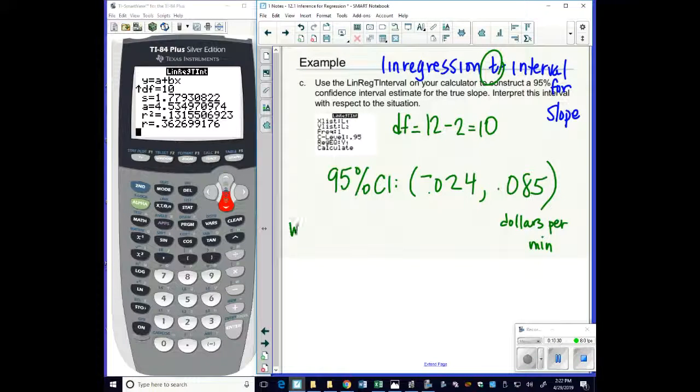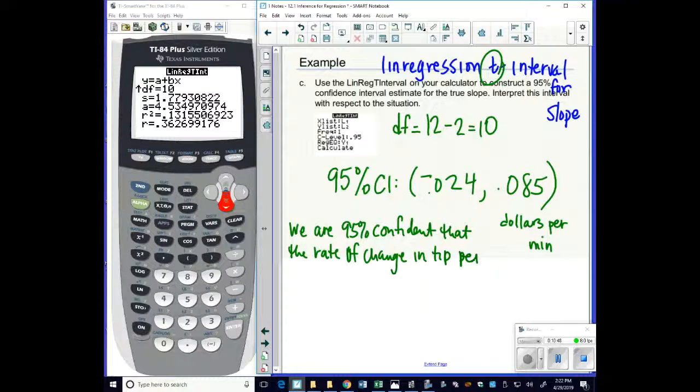So I'm just going to say we are 95% confident that the rate of change in tip per minute is between a negative dollar sign 0.02 and a positive 0.09.